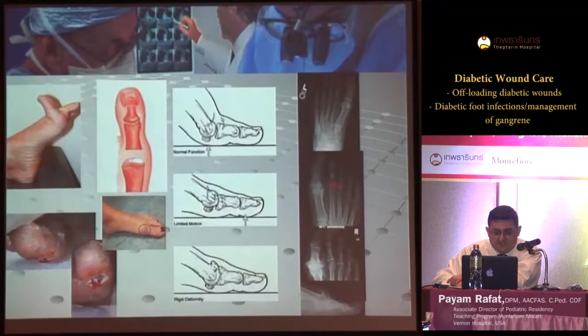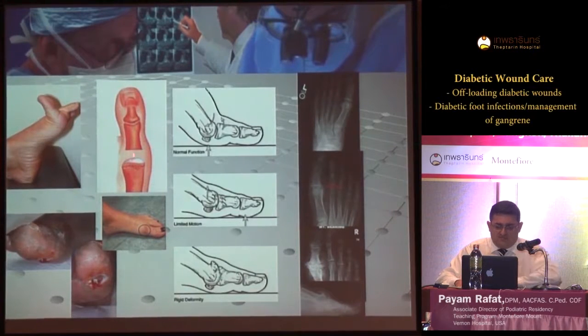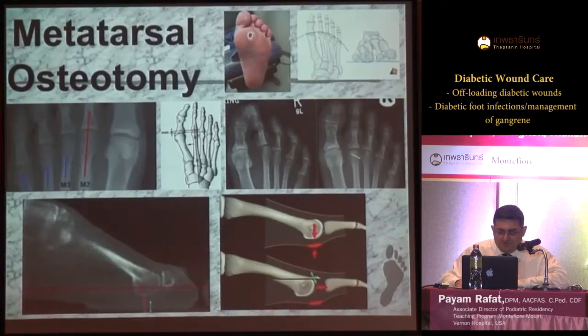hammer toe deformities. People with hallux limitus, hallux rigidus deformities, stiff big toe joints, also tenotomies, cheilectomies, or arthroplasties may be very helpful in decreasing plantar pressures and reducing risk for ulceration, and actually trying to heal them up if they do have the ulcer.